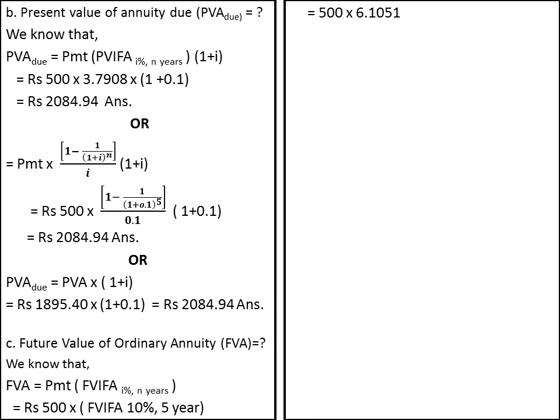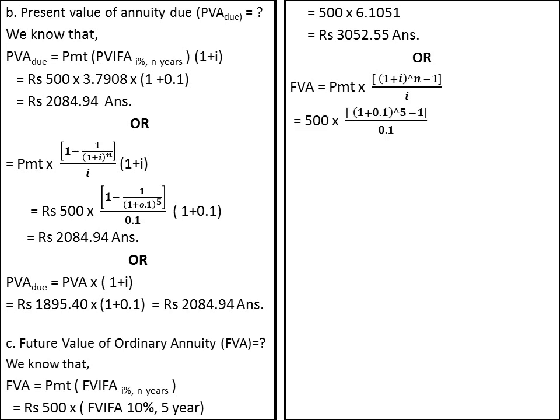The FVIFA 10% 5 years is 6.1051. Have a look on the financial table and you can get 3052.55 rupees as the FVA. Or if you don't have a financial table, use this formula and put the value of I and N, with I equal to 0.1. Don't use 10% directly. And now you get the same answer as before.